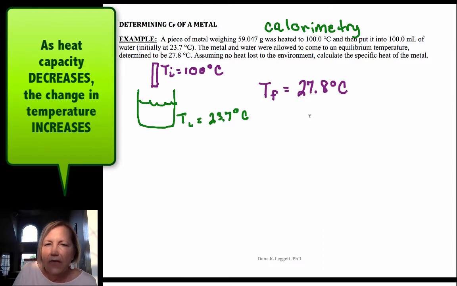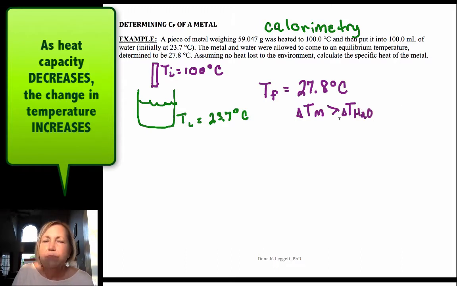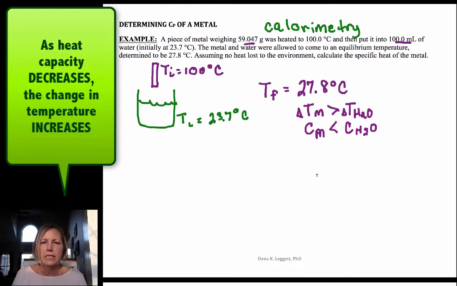Because the change in temperature of the metal is greater than the change in temperature of water, and it's much greater, and yes, we do have half as much, but we get way more than double the change, we can predict that the heat capacity of our metal is less than the heat capacity of water.